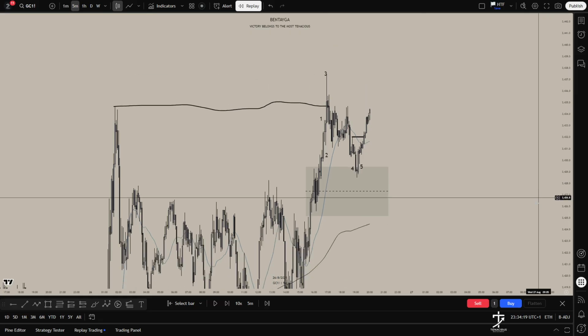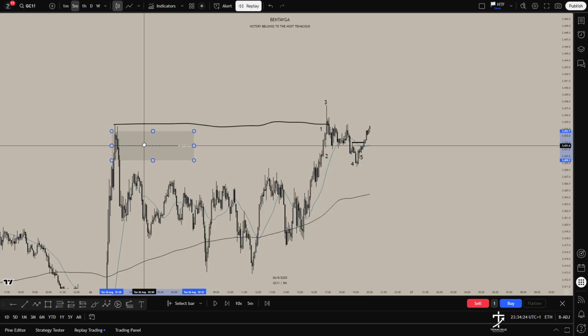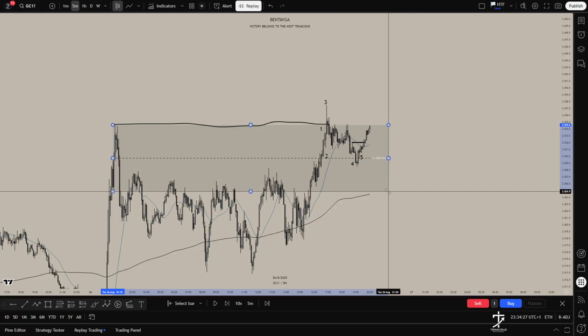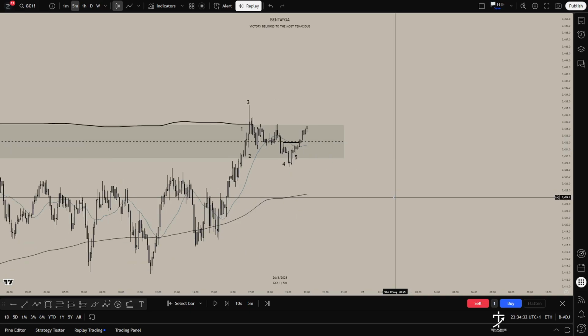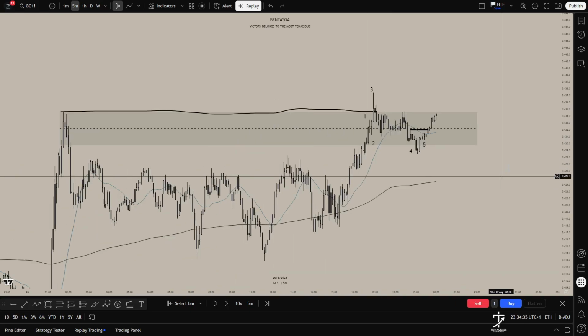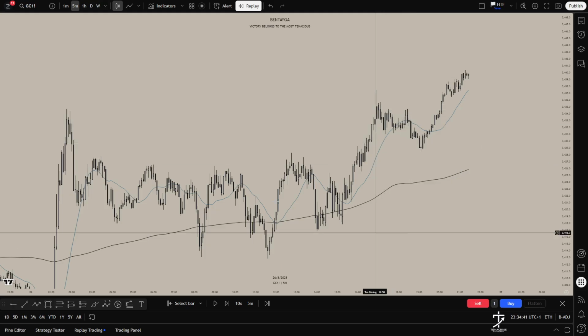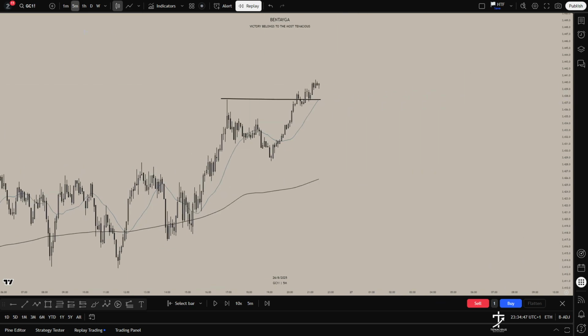And in terms of SBS model 1, like I was saying, it really depends on how you see price, because you might draw SBS model 1 like that, you might draw it like this, and then we can see how price takes out our previous higher high, and then now you can look.